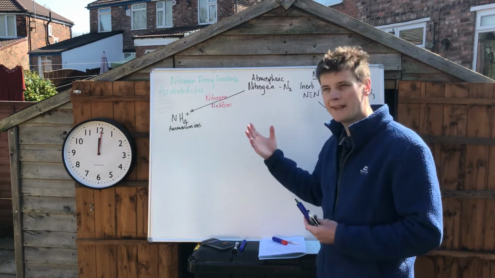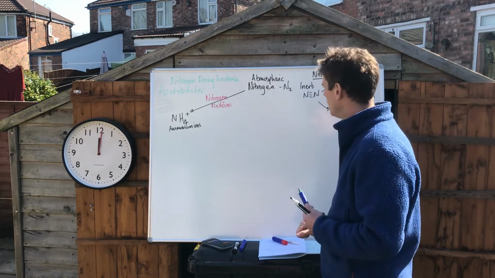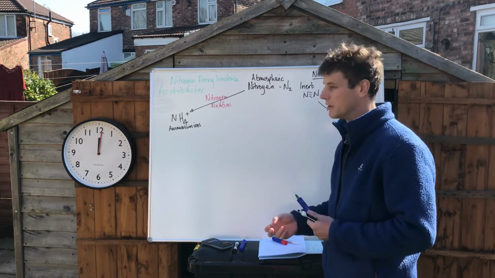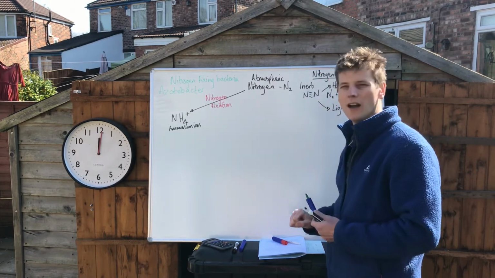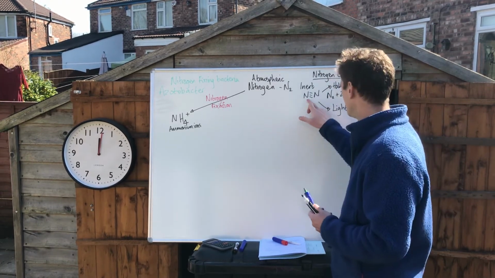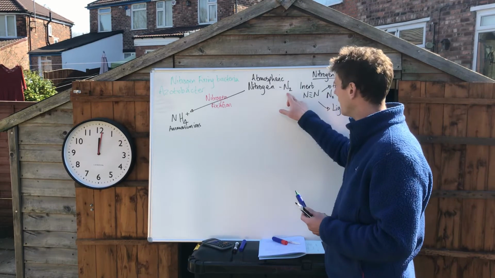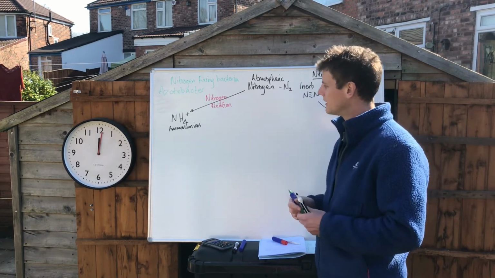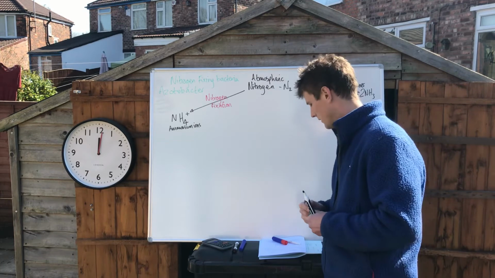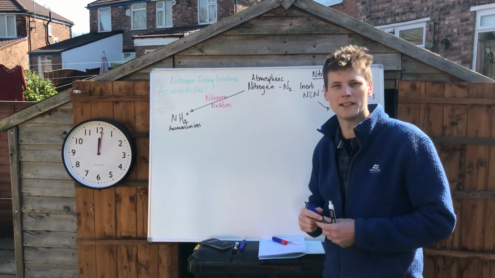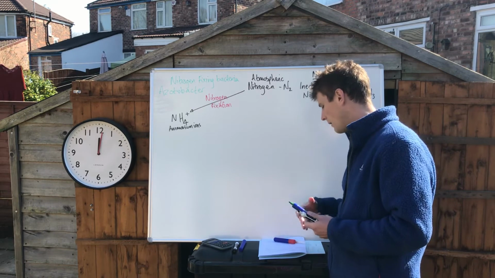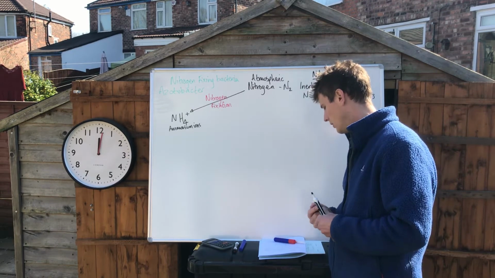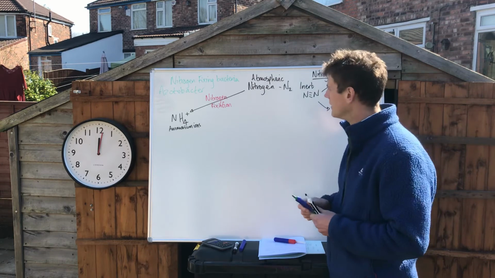It uses ATP from aerobic respiration to break those triple bonds between the nitrogen atoms in atmospheric nitrogen and convert it into ammonium ions. Now obviously that requires lots of ATP because it requires lots of energy to break that, and we'll come back to these in a little bit more detail later on.